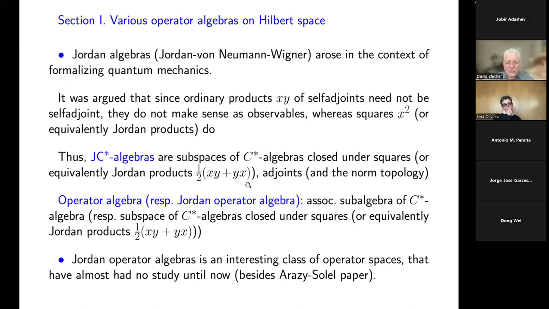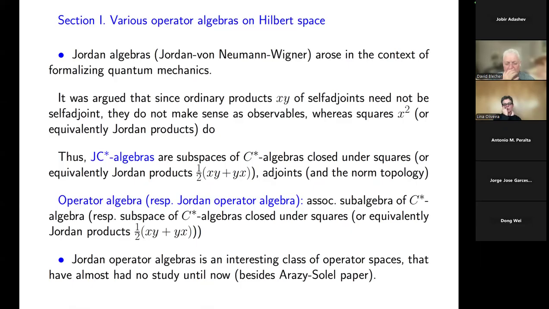JC star algebras are subspaces of C star algebras which are closed under squares, or equivalently the Jordan product, the adjoint in the C star algebra, and also closed under the norm topology.